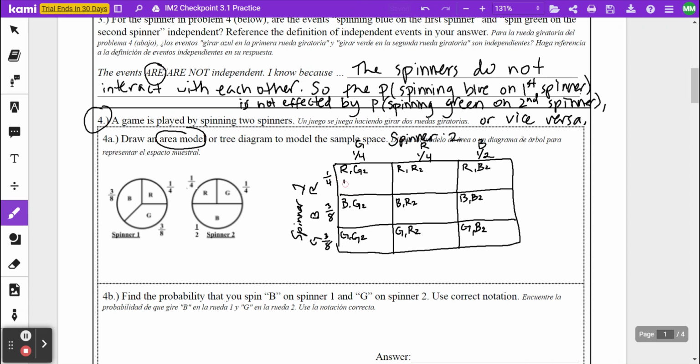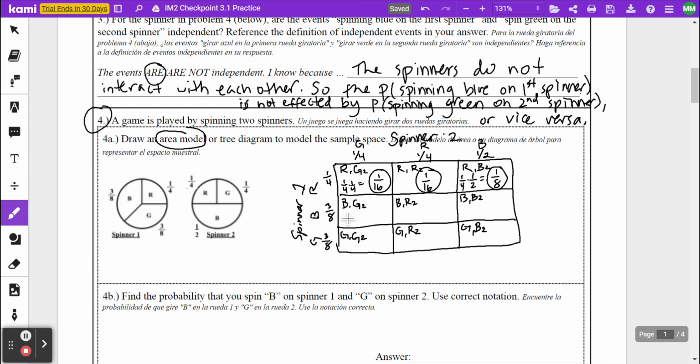So this is 1/4 times 1/4 equals 1/16. This is 1/16 again. This is 1/4 times 1/2 equals 1/8.